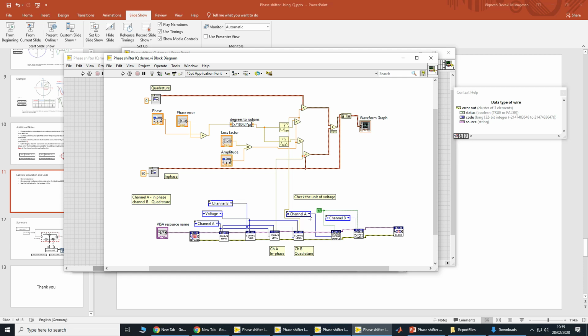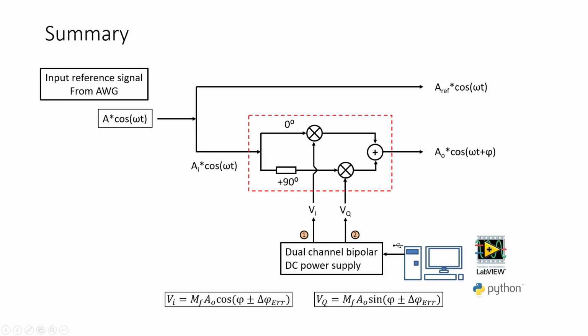Finally, channel A and channel B outputs are enabled and then the SMU is closed. So this is how the set output phase and amplitude is converted into the respective input voltages for our DC SMU power supply. Finally, we will see the summary of how our phase shifter works.